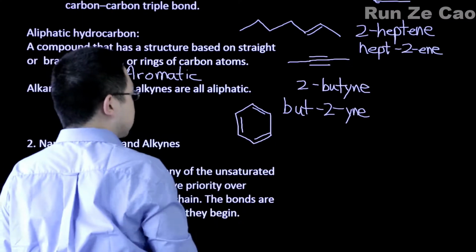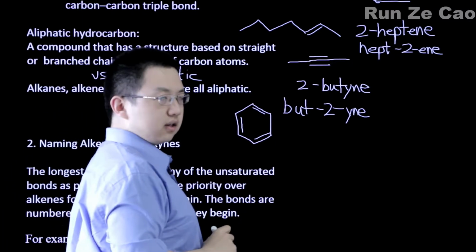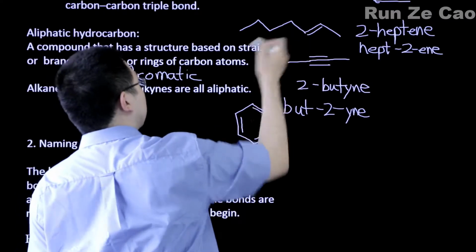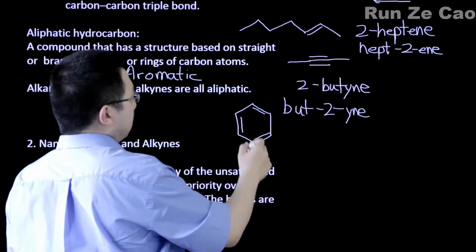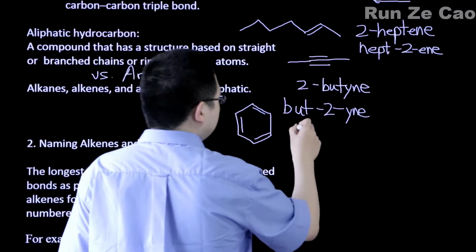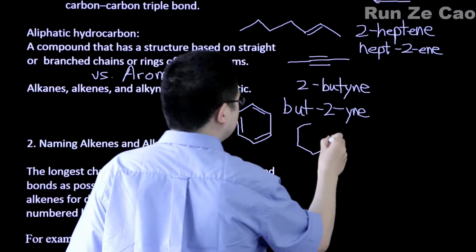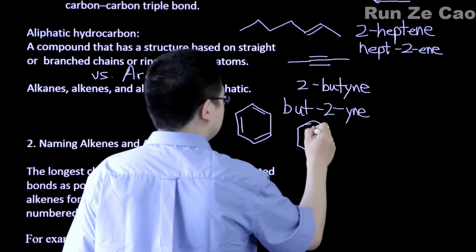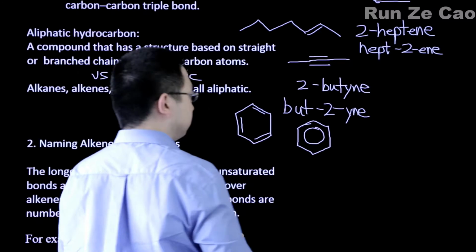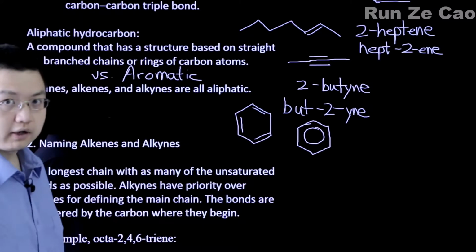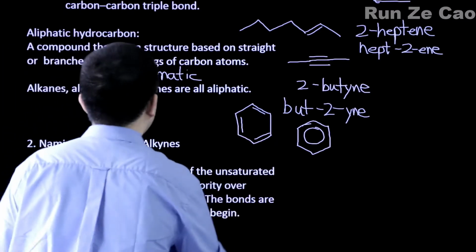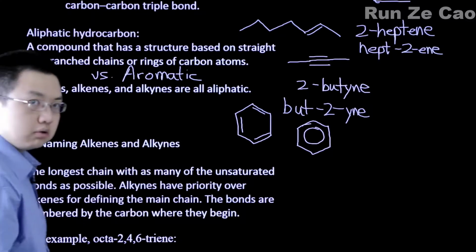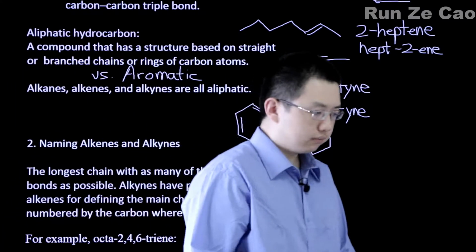These bonds do not actually have double bond characteristics like this lone double bond would. So this is sometimes drawn like this instead, with just a circle in the middle to denote how different this is from an actual alkene. Do not be fooled.